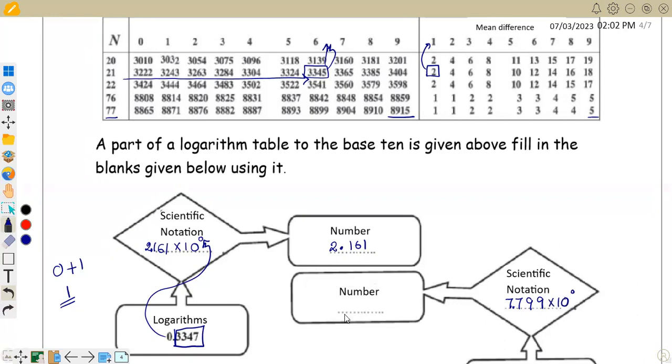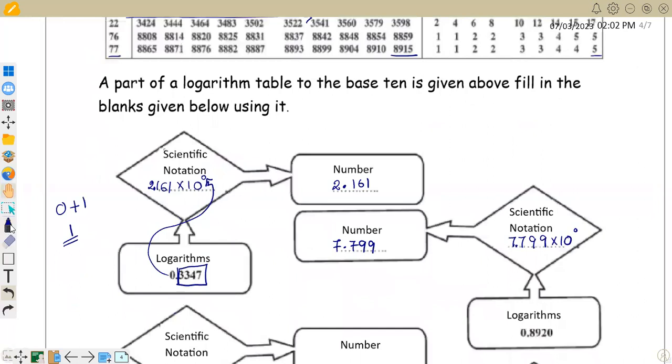Then that means here the number is 7.799. It's because now here if you consider the short way, the whole number part is 0. The characteristic is 0. Then add 1. Then for the whole number part only 1 digit should be separated.